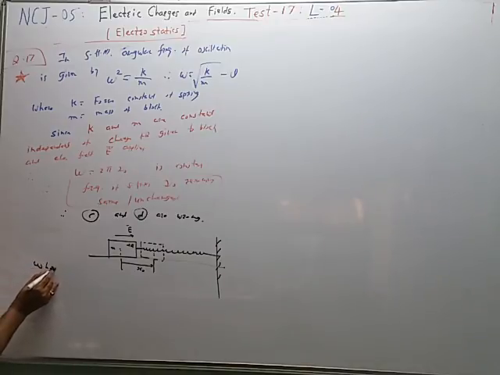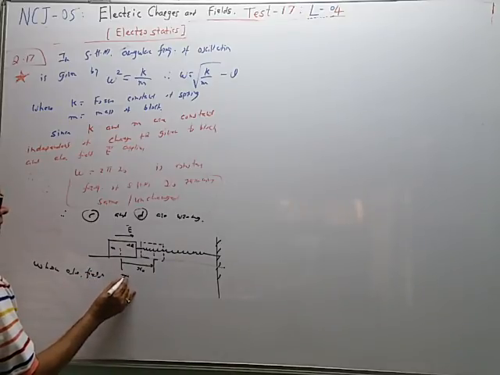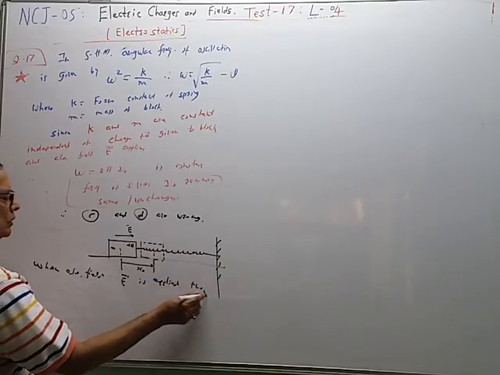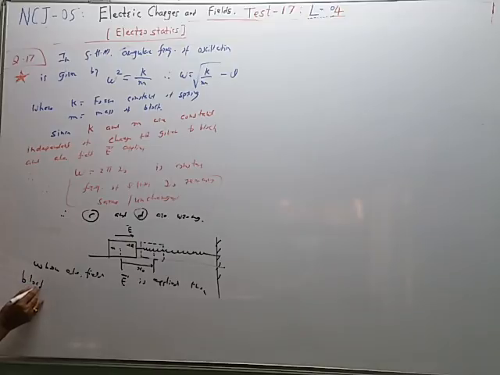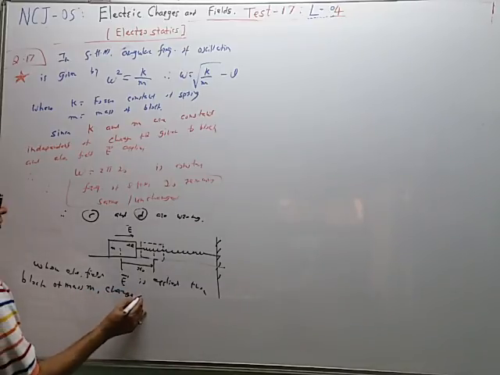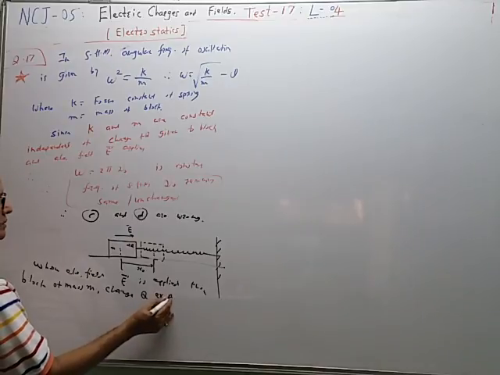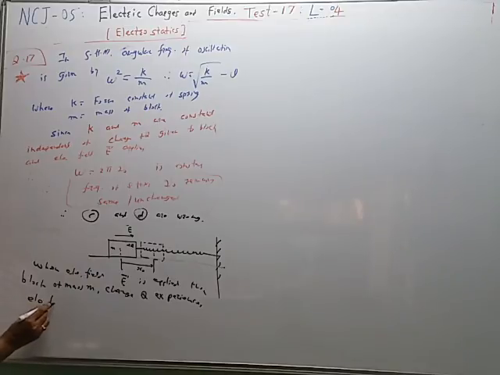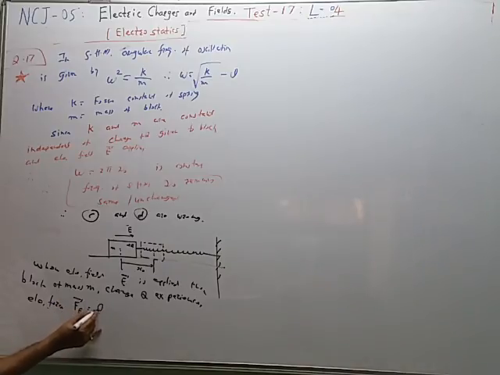When electric field E is applied, then the block of mass M, charge Q, experiences electric force Fe is equal to Q multiplied by E, equation 1.